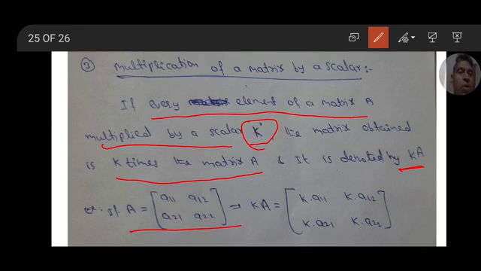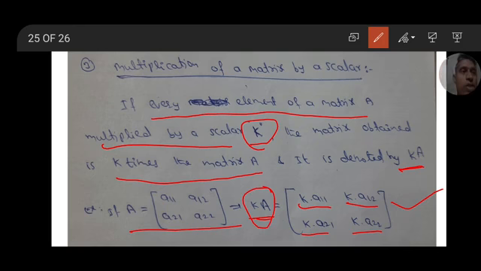Suppose A equals a11, a12, a21, a22. Then kA means every element of this matrix is multiplied by k: k a11, k a12, k a21, k a22. That is scalar multiplication of a matrix. Every element of the matrix is multiplied with k. That is kA.